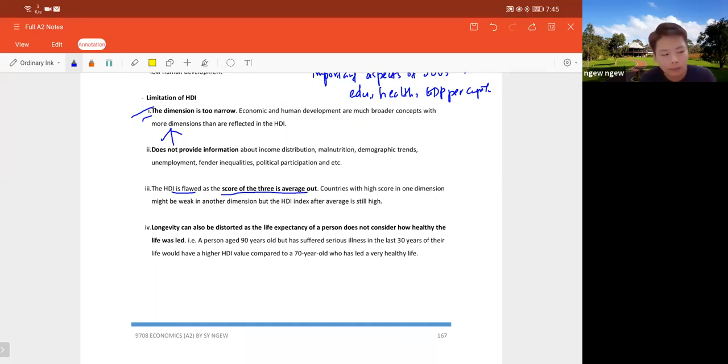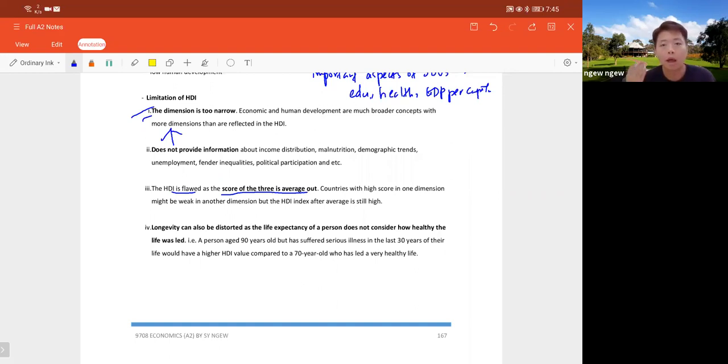So sometimes if my overall HDI is recorded as 0.7, it doesn't mean that we are really that good. It might be because our GDP per capita is really high, but in other aspects, in healthcare and education, we are actually quite weak. So averaged out, we still get 0.7. So that is how it works.